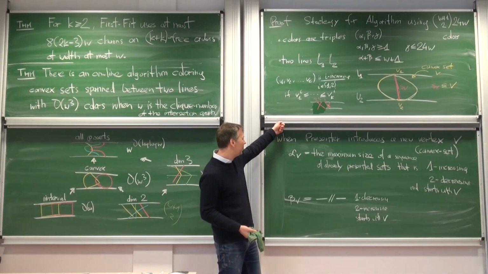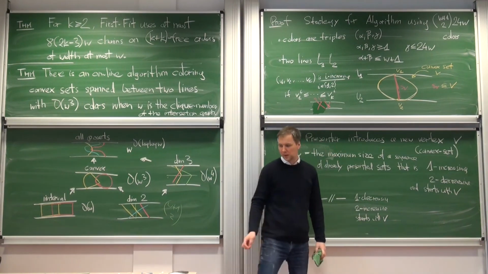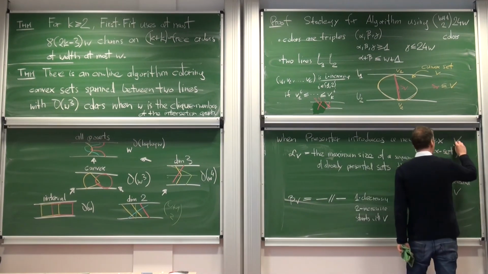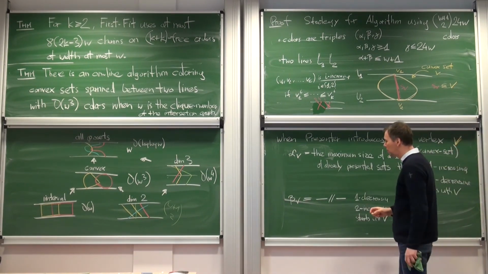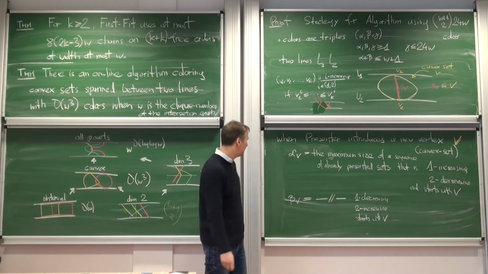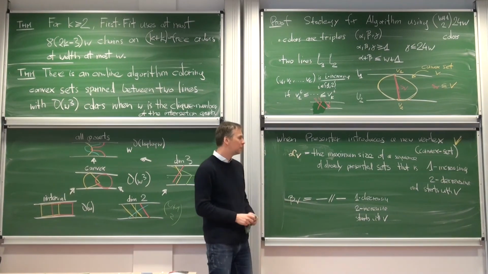So now when the presenter introduces a new convex set V, we're about to assign the color, which is a triple. The color will consist of alpha V, the first coordinate.